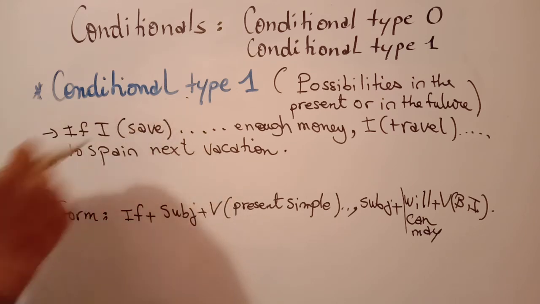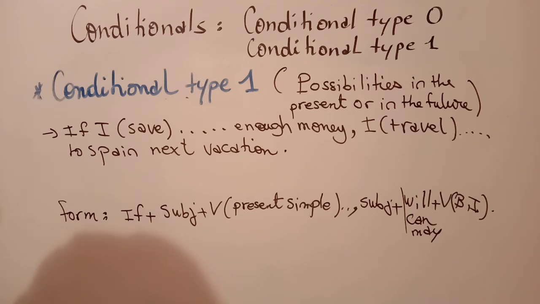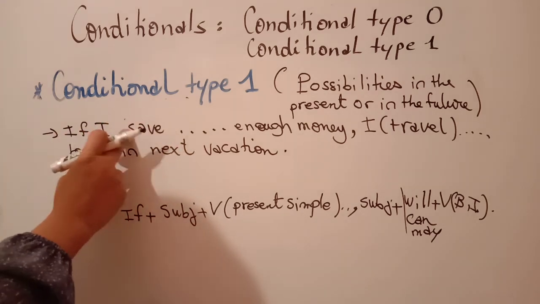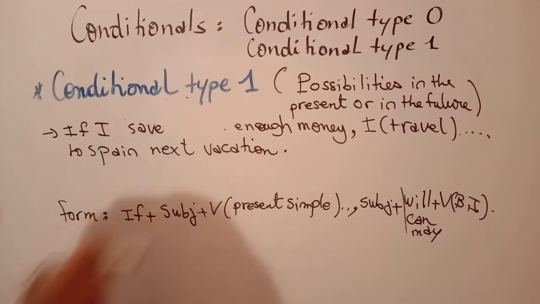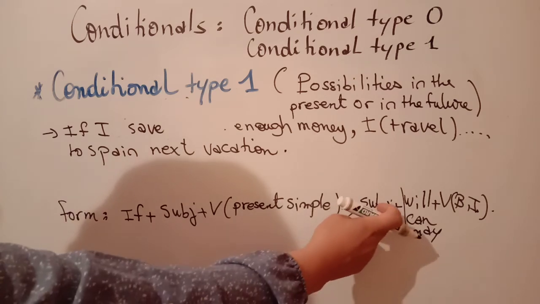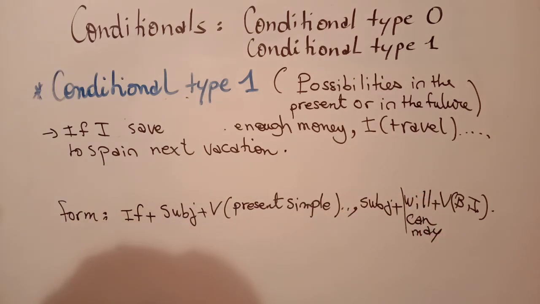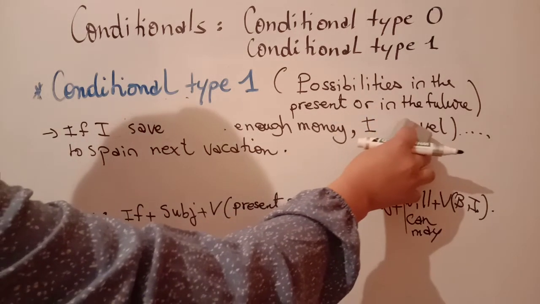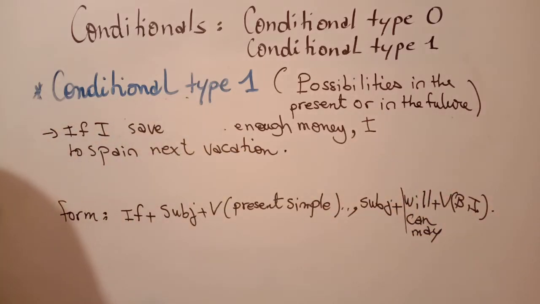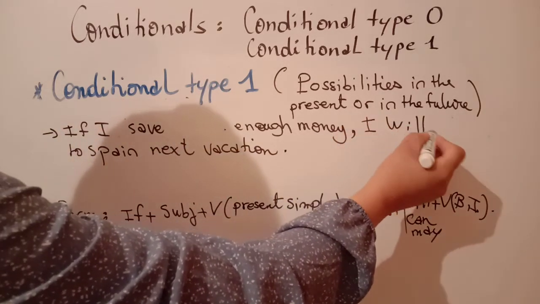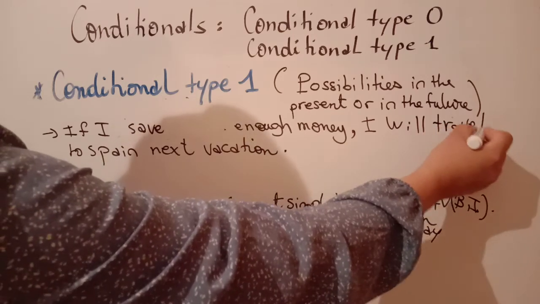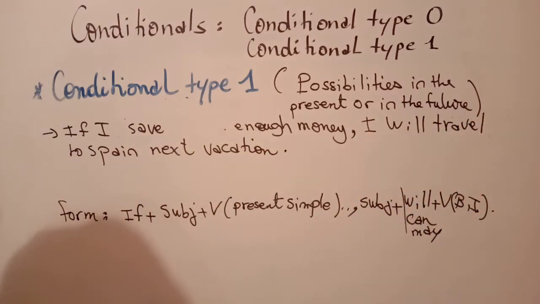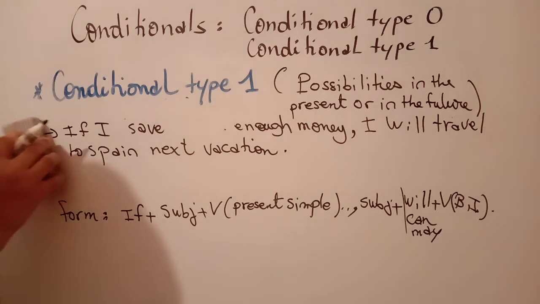So what is the form of save in the if clause? So if I save enough money, then the main clause is made up of subject plus will plus verb bare infinitive. So you apply the form. It will be, if I save money, I will, then verb bare infinitive. I will travel to Spain next vacation. Clear?